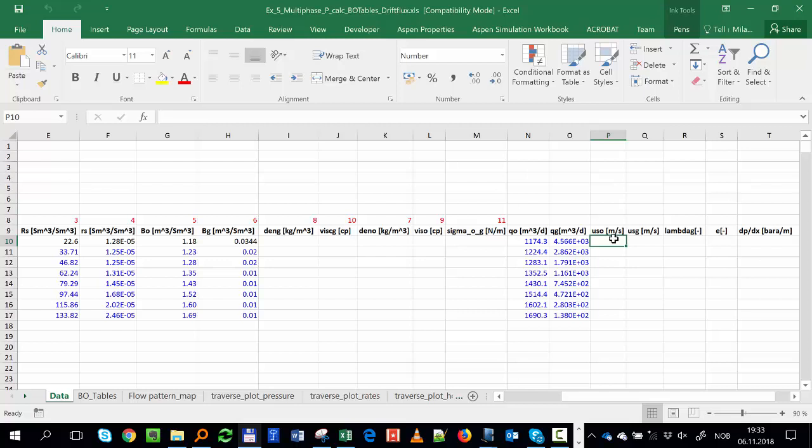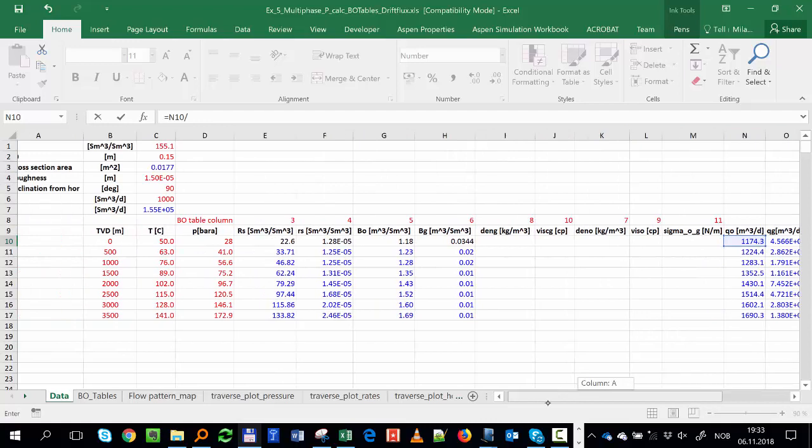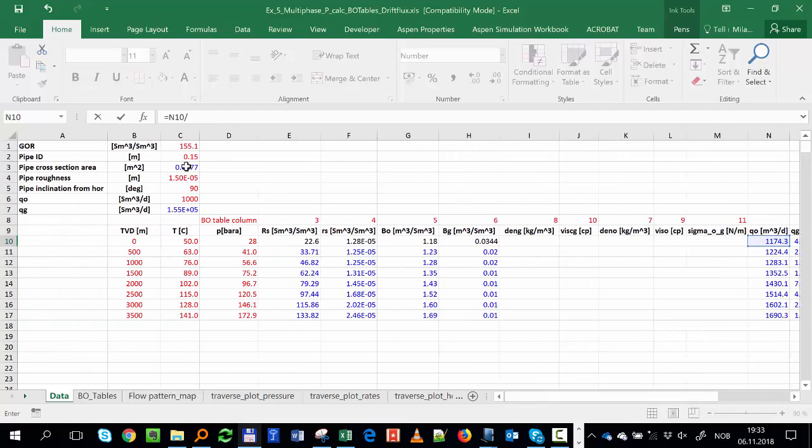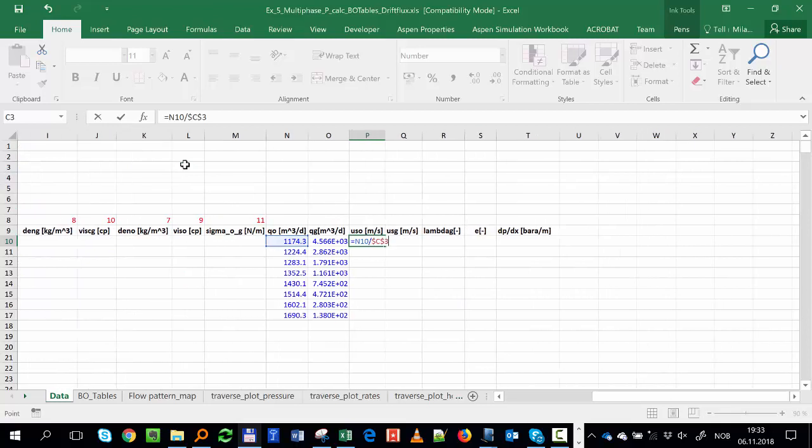Superficial velocity of oil, the liquid, what is it? It is the local rate of oil divided by the cross-section area of the pipe. I think I put the cross-section area here. I have to block it. But be careful with one thing. We have cubic meter divided by square meter. That gives me meter, that's very fine.